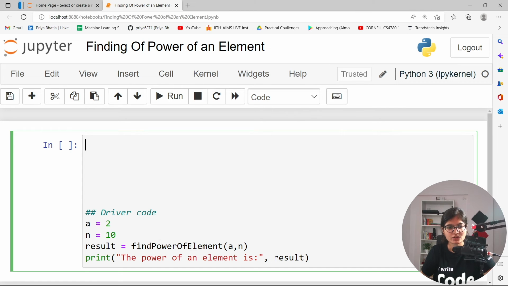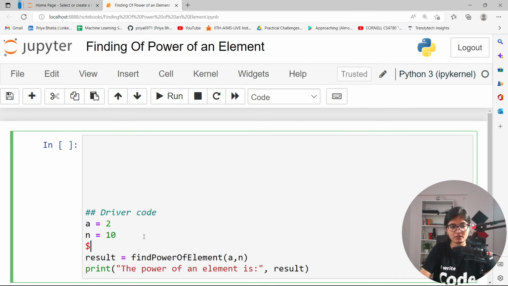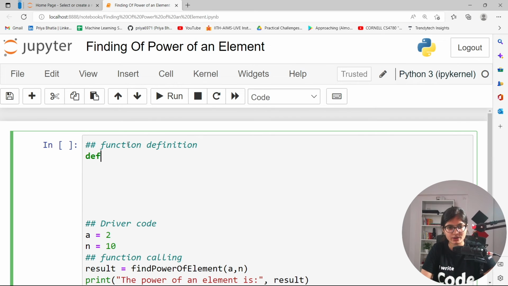Correct, everyone? So here basically, if you will observe, we did the function calling. So if I did the function calling, obviously I need to define the method. So here I will do the function definition. Okay, so here I will call the function which I have defined, which is finding the power of an element.